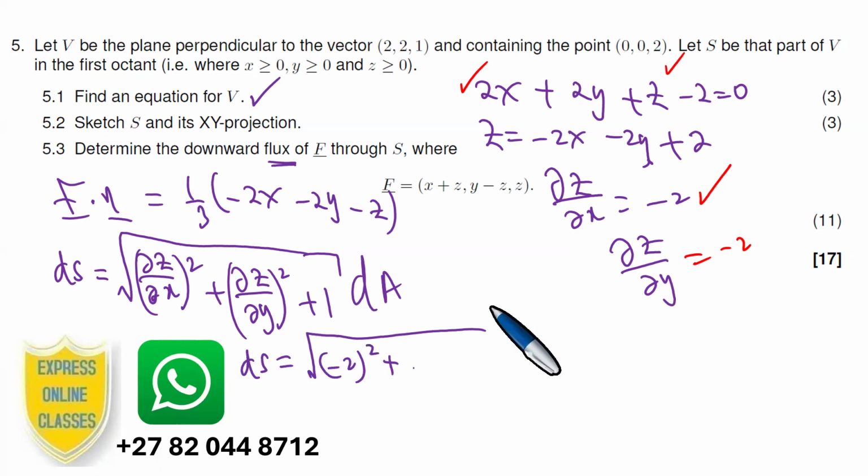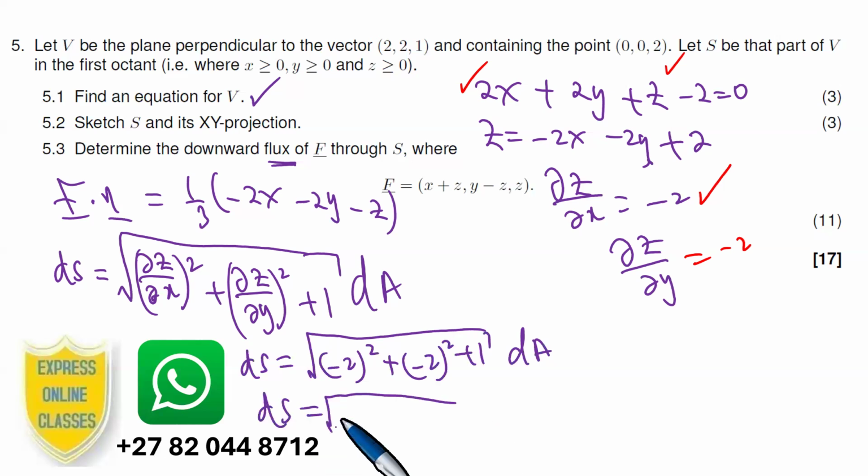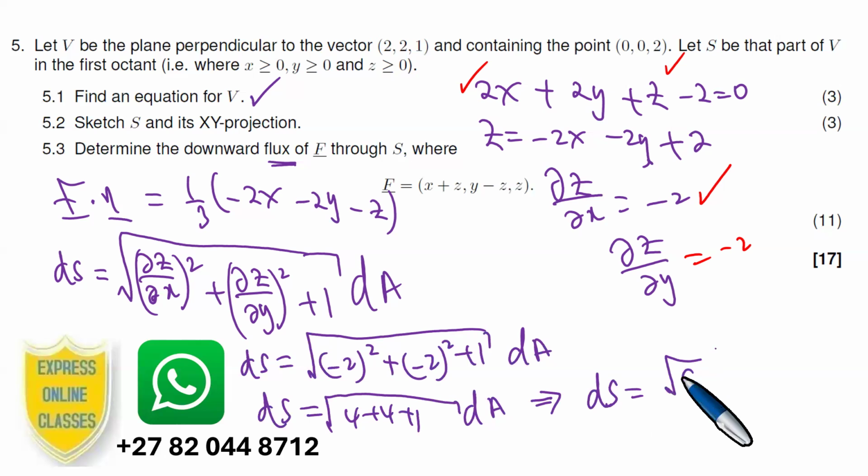The dz/dy is minus 2, you square it, plus 1 dA, which means that you shall have dS is the square root of 4 plus 4 plus 1 dA, which implies that dS for the flux is 4 plus 4, which is 8, plus 1, which is 9, dA.